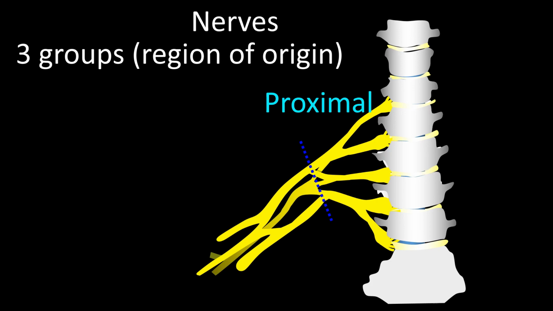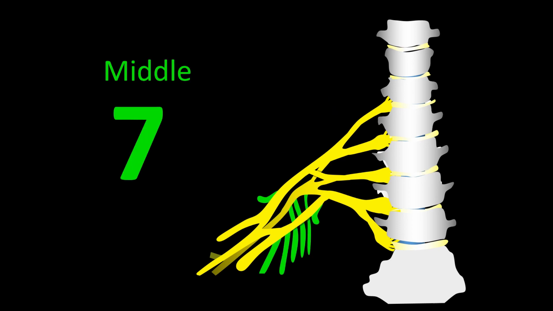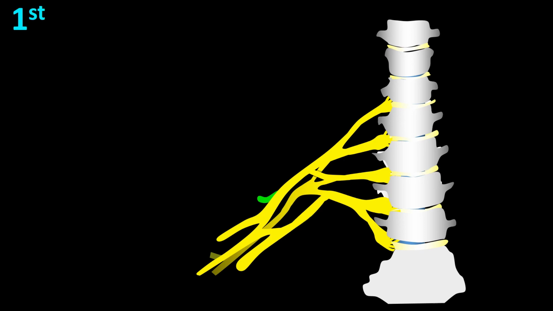So we have looked at nerves belonging to the first group arising from the proximal region of the brachial plexus. I will start with those arising from the middle region now. 7 nerves arise from the middle region. 5 of them are considered motor nerves and 2 sensory nerves.